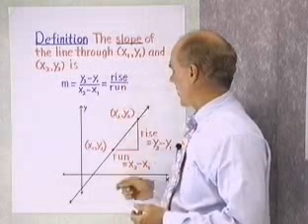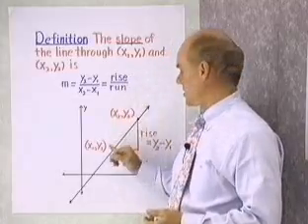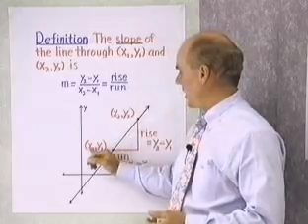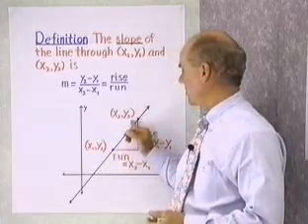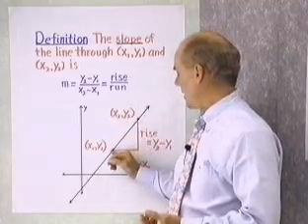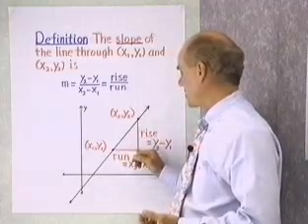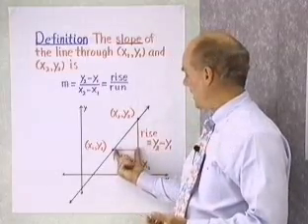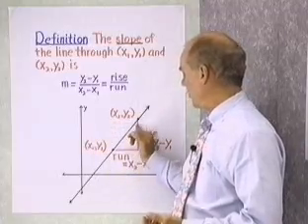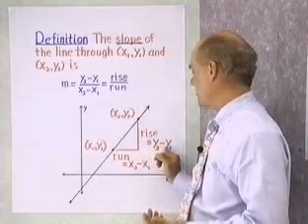Now rise over the run stands for the ratio of the vertical change to the horizontal change as I go from any one point on the line to another point on the line. So if this is the point x sub 1, y sub 1 right here, and this is the point x sub 2, y sub 2, then as I move from this point to this point, horizontally and vertically, the horizontal distance that I move is called the run in the graph, and of course that's going to be the difference of the x-coordinate of this point and this point, and the vertical distance that I move is going to be called the rise, and that of course is the difference of these y-coordinates.